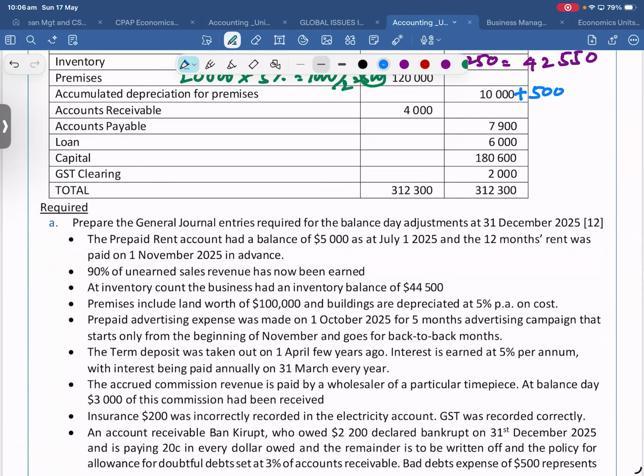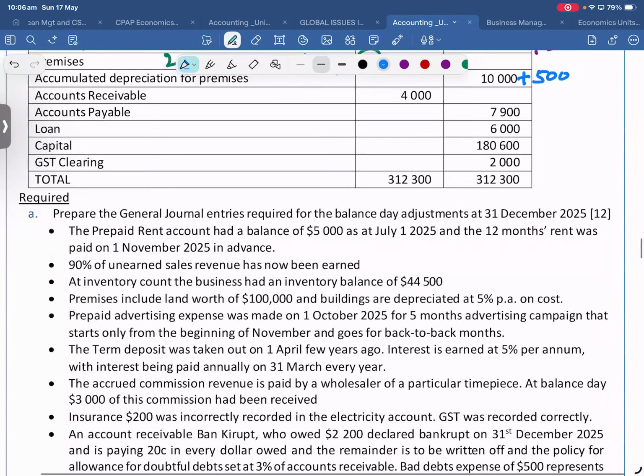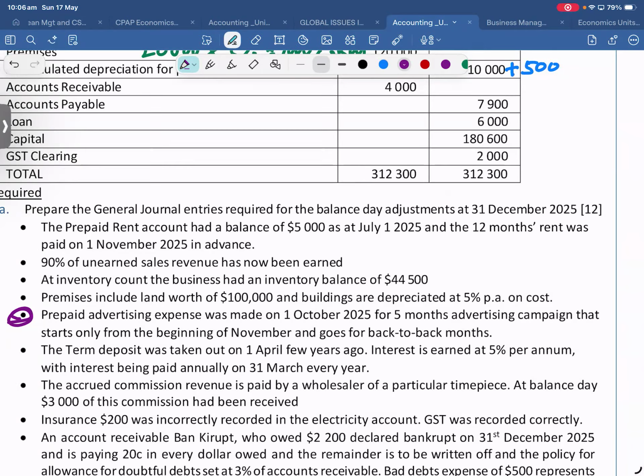Fourth bullet point. Tell me the advertising expense. Is it 480?